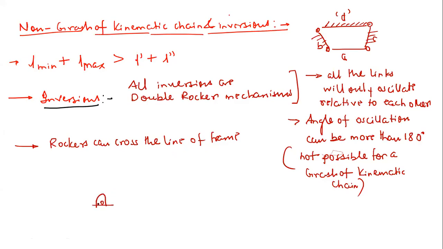So let's say this is your 1, 2, 3, 4, right? Let's say I'm fixing this shortest link, and I know that I'm going to obtain a double rocker only.